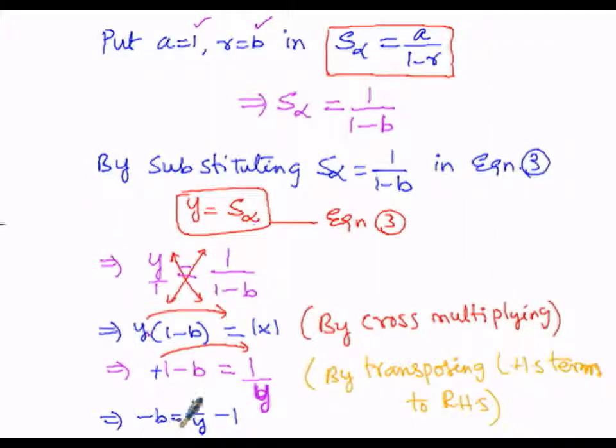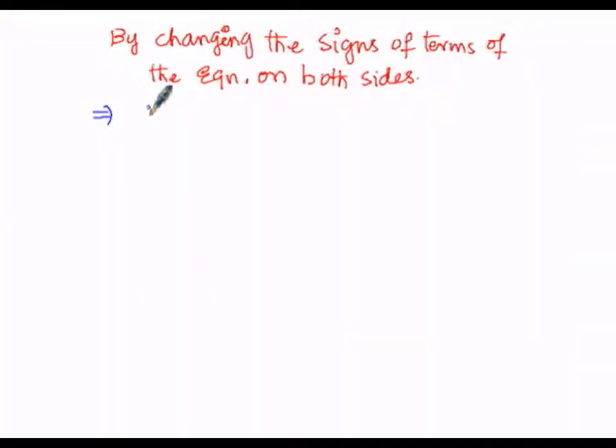I write minus 1 as plus 1 in front and plus 1 by y as minus 1 by y as the second term. So plus b is equal to plus 1 in front, then minus 1 by y. Then the next logical step.